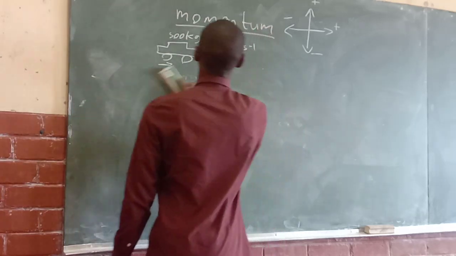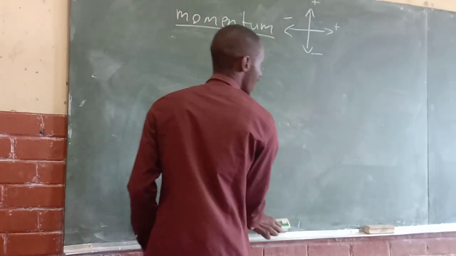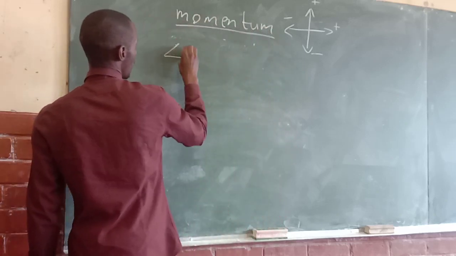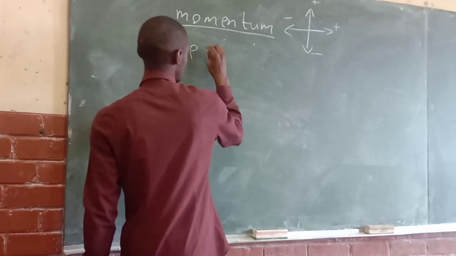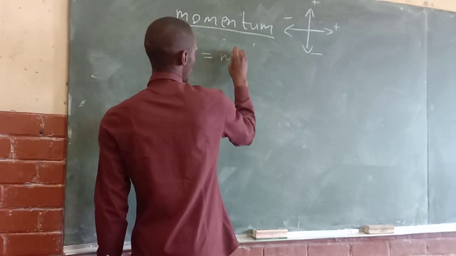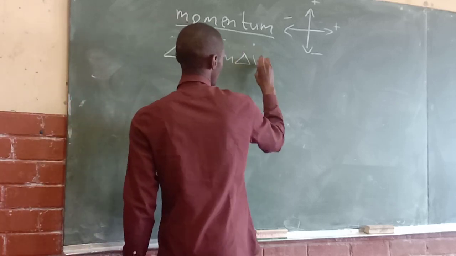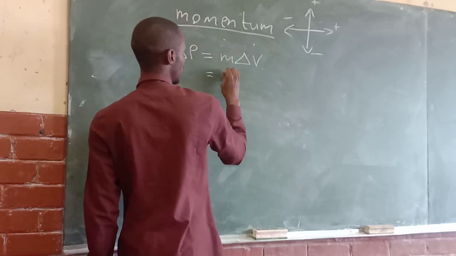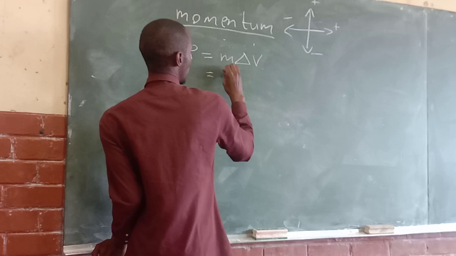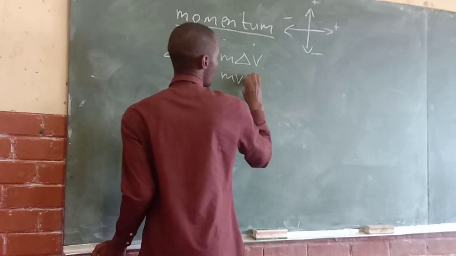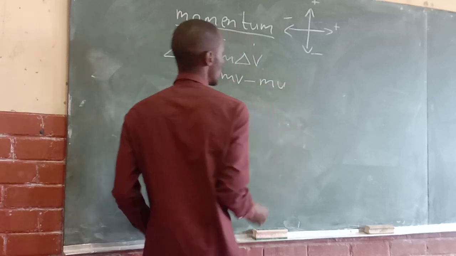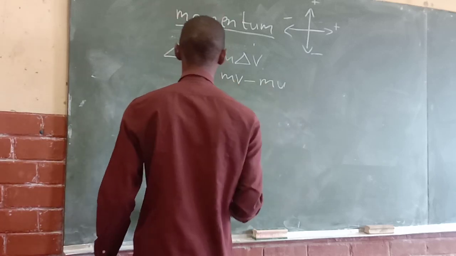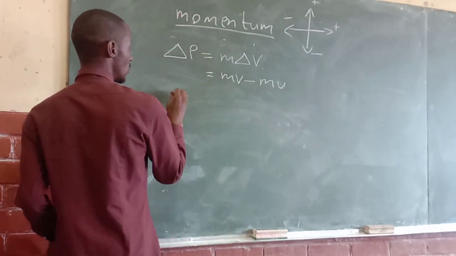Okay, now if they say calculate the change in momentum. So change in momentum, right? That will equal to m change in v. Okay, so now my formula will expand in such a way it will be mv minus mu. I'll take v as final velocity, I take u as my initial velocity. So we've got a scenario.